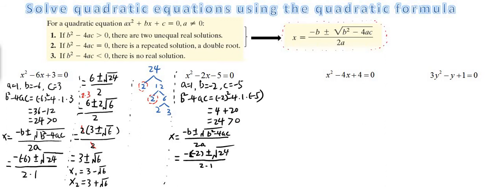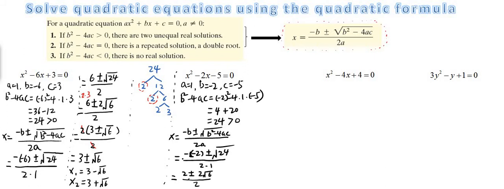So here 24, we already did it before, so we just copy it. Square root of 24 equals 2 times square root of 6. So we can write down 2 plus or minus 2 times square root of 6.